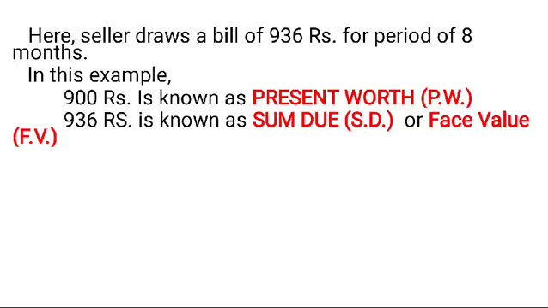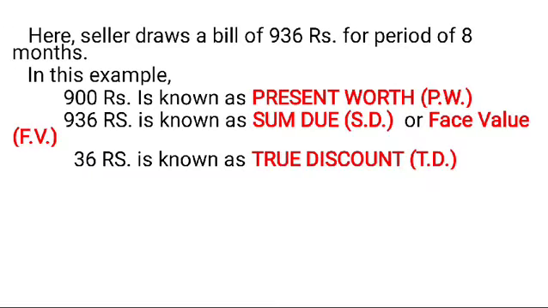After 8 months we have to pay 936 rupees. That value is known as sum due, or the face value, which is printed on that bill. Since it is printed on that bill, it is also known as face value or the due value, sum due. And the 36 rupees charged by that person as interest is known as true discount, denoted by TD.